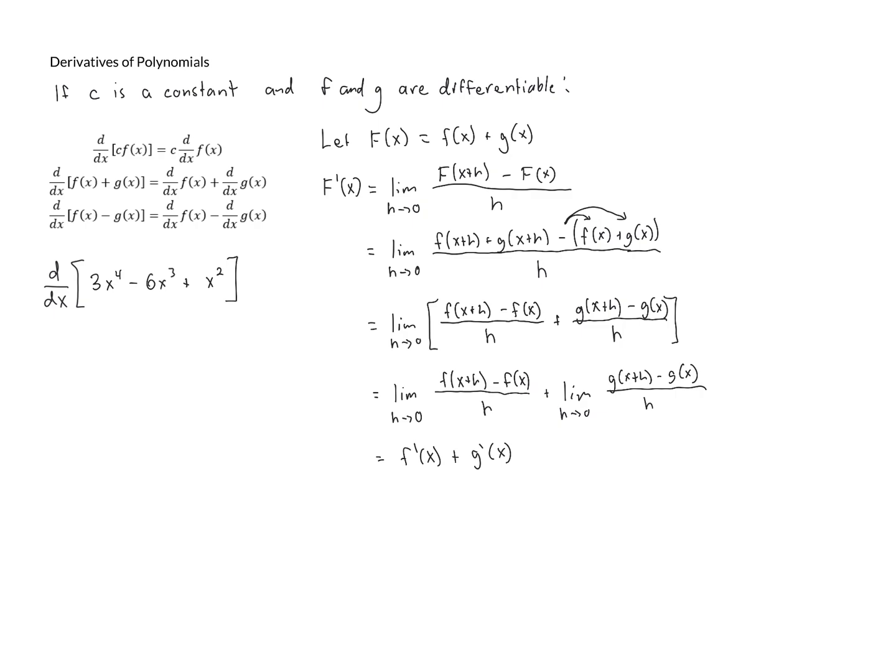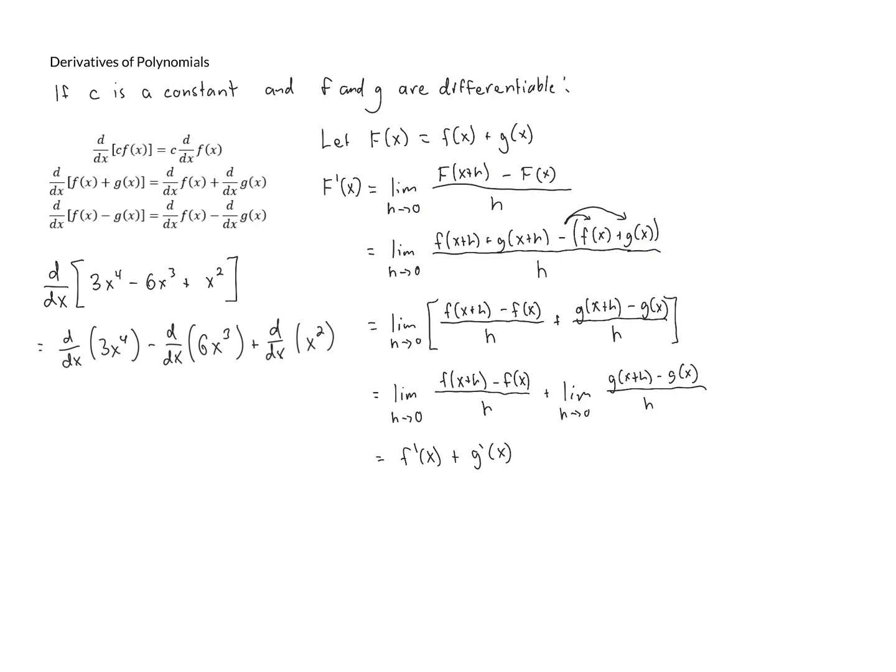So if we apply these rules all together, this is going to be the derivative of 3x to the fourth minus the derivative of 6x cubed plus the derivative of x squared. And then we can use this first rule. The derivative of a constant times a function is just the constant times that derivative.